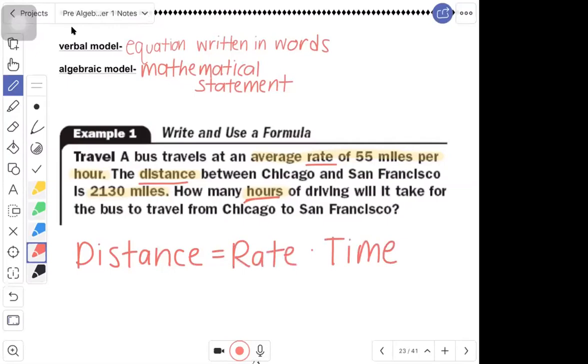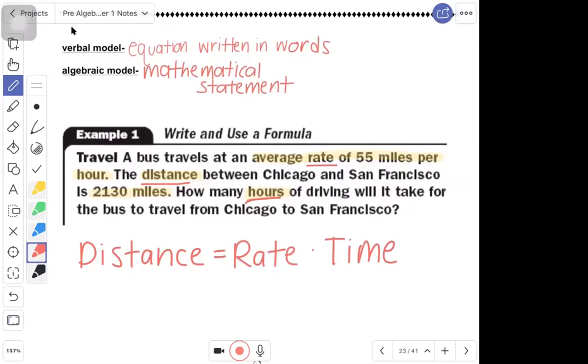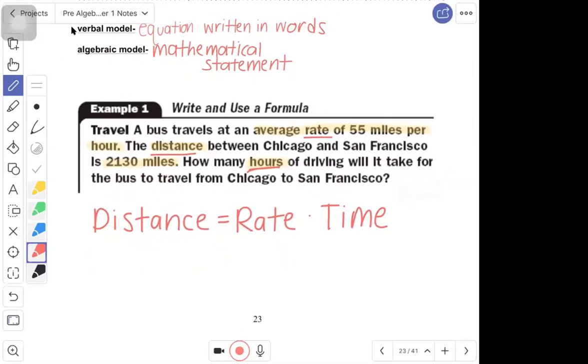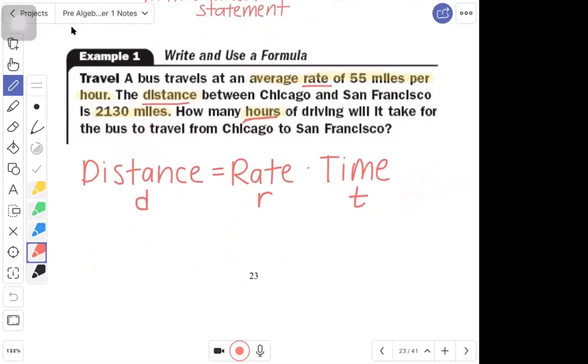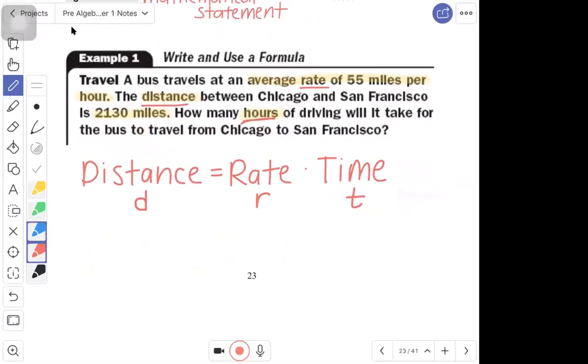So that's our verbal model of what we are going to solve for. So we can label, like we did last unit, our distance to be D, our rate to be R, and our time to be T. And now let's just write down what they gave us in the problem. Let's look back again. So the first thing they said is our average rate of 55 miles per hour.